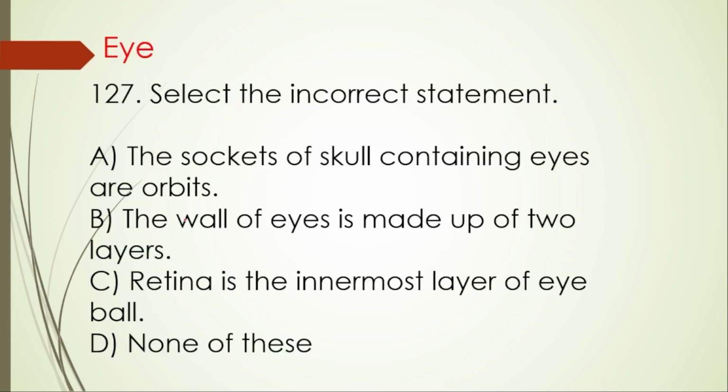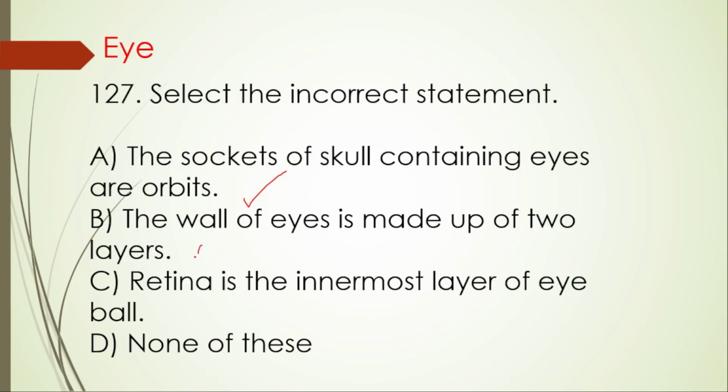From the eye, 127. Select the incorrect statement. The socket of the skull containing the eye is the orbit. Yes, this one is true. The bony cavities in the skull that house the eyeball are called the orbit. Next, the second one. The wall of the eye is made up of 2 layers.